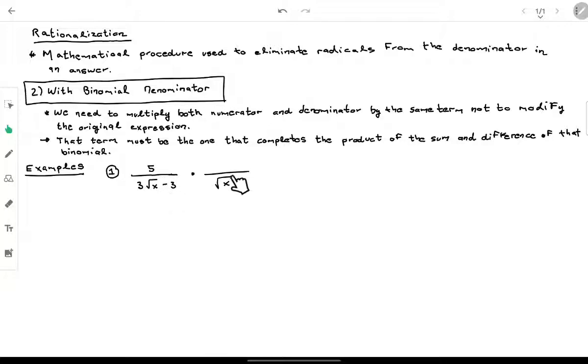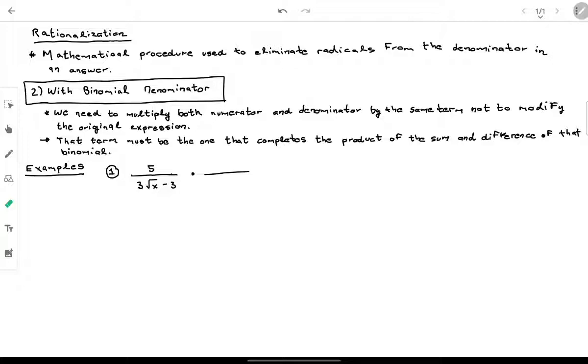But remember, this one is also multiplying this minus 3. So if we multiply only by this, of course, the square root of x will be eliminated here, but it will appear again here because minus 3 will be multiplying only the square root of x. That's why when we have a binomial, it's not possible to multiply only by the term that completes my root.